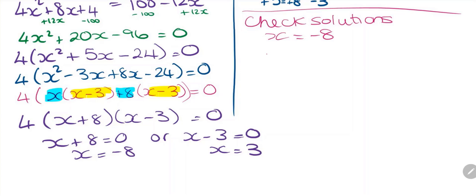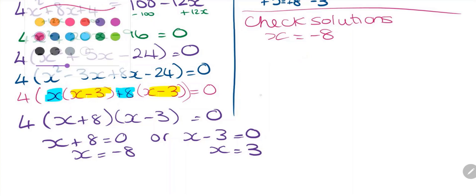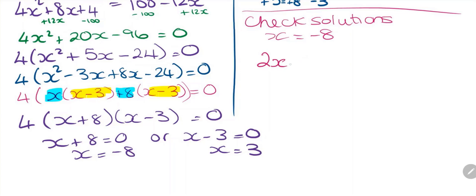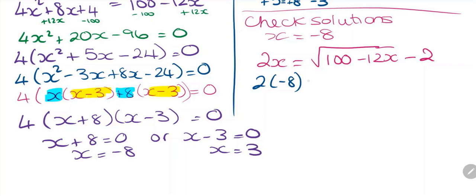Let's make this bigger. So we have 2x is equal to the root of 100 minus 12x, minus 2. We need the left-hand side to equal the right-hand side. So this is minus 8.